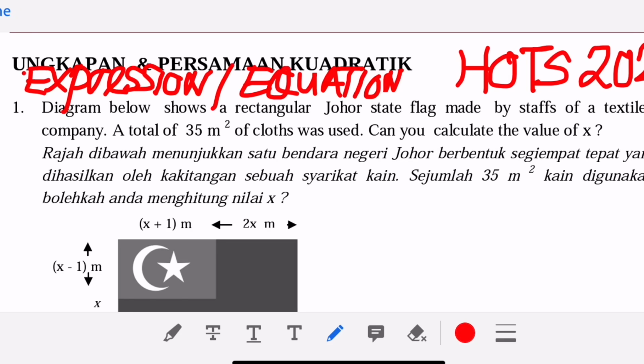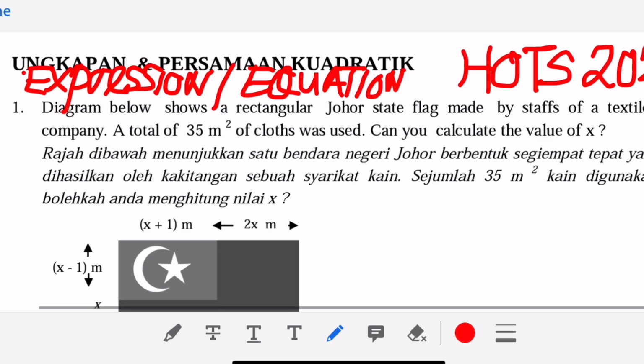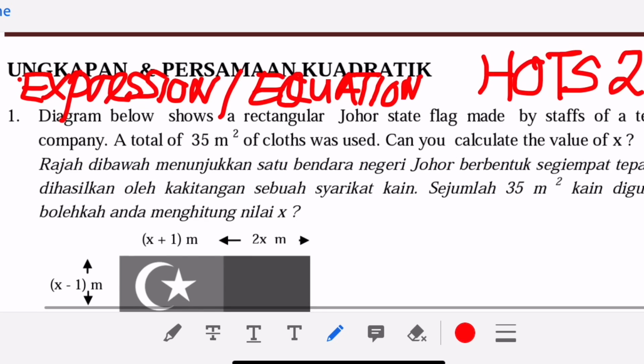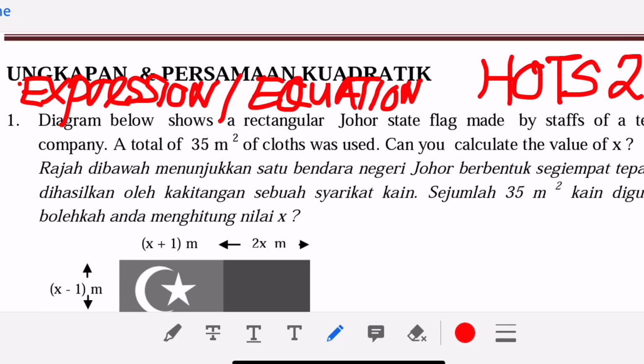Alright, understand? So now I will teach you how to do the HOTS question. When you look at a HOTS question, you don't have to worry. They will give you the statement, tell you all the information, and give you the diagram. So now you take out your highlighter, copy the question first, then highlight the important keywords.